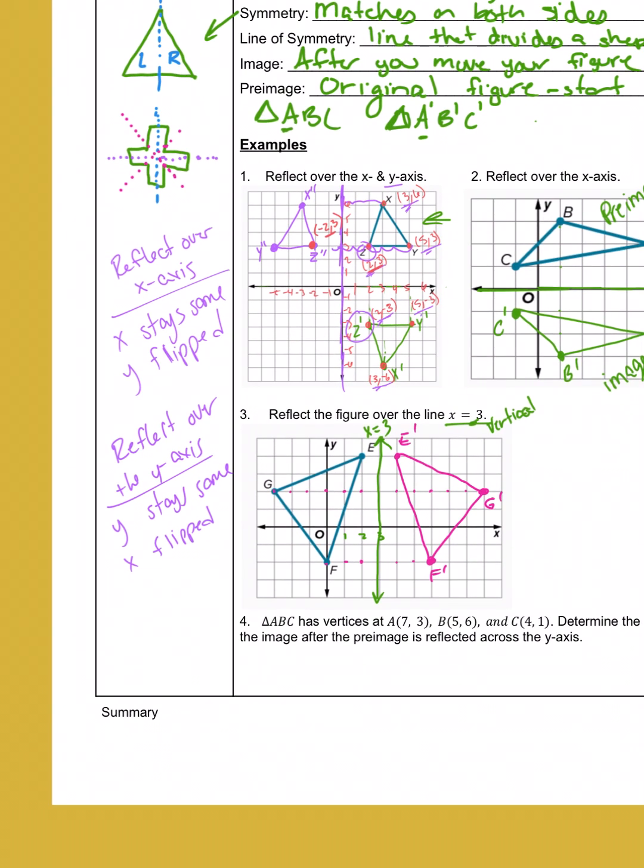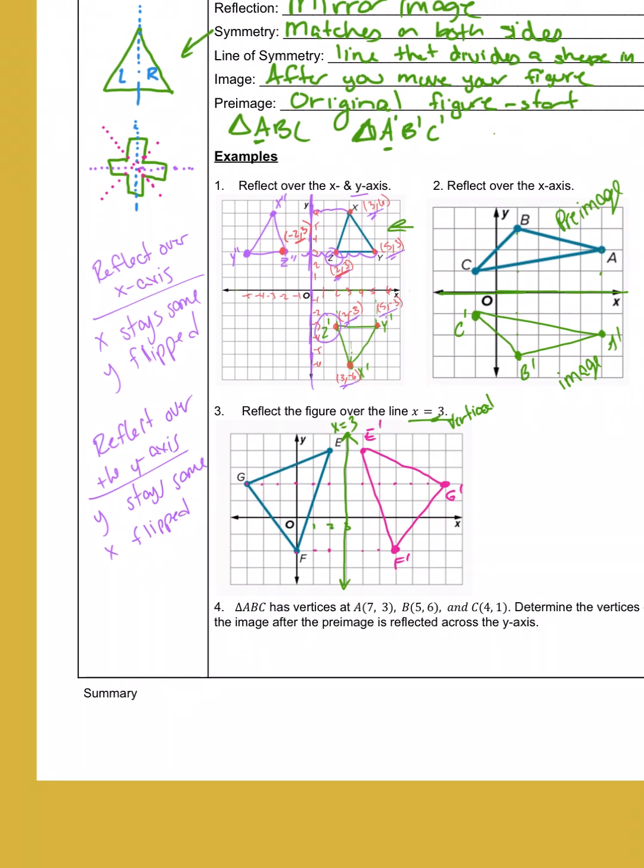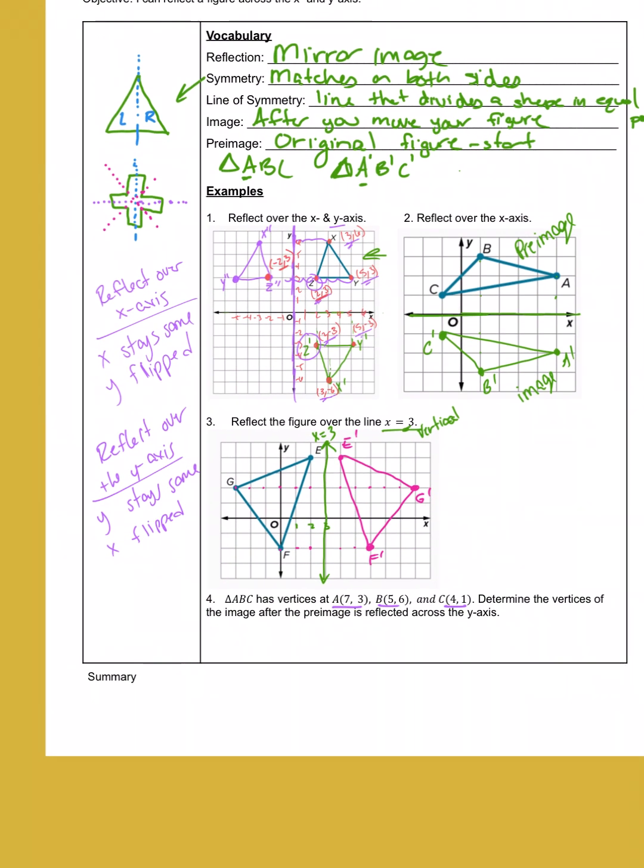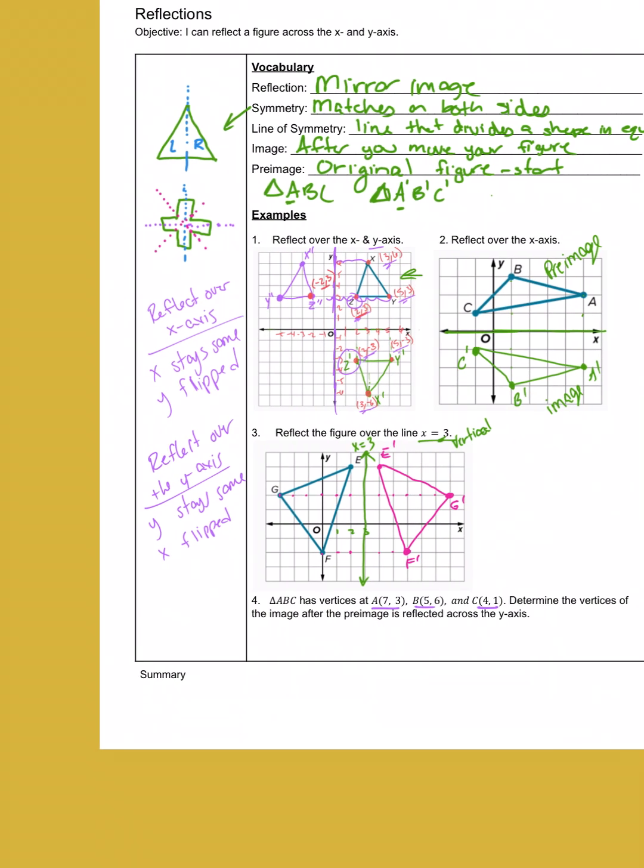And we might use that for number 4 here. ABC has the vertices here. Determine the vertices of the image after the pre-image is reflected across the y-axis. So we're reflecting across the y-axis, so we're going to keep the y the same and the x flips.